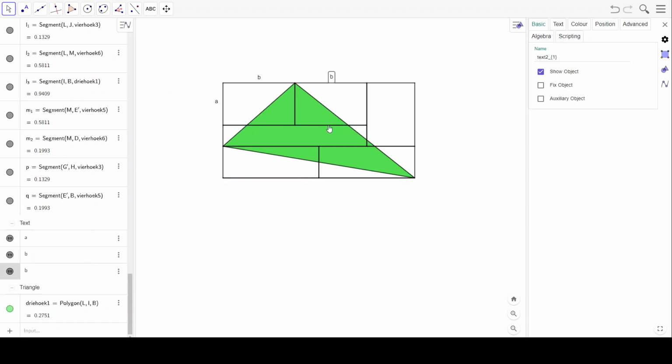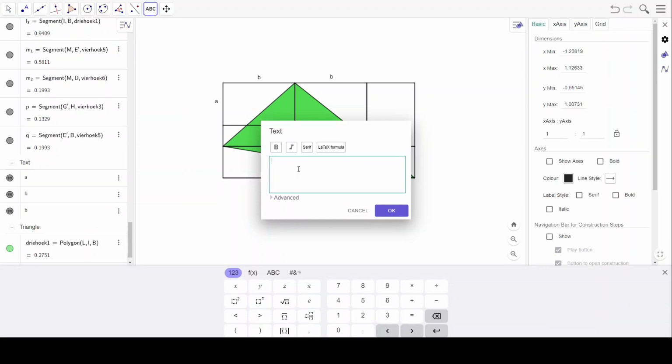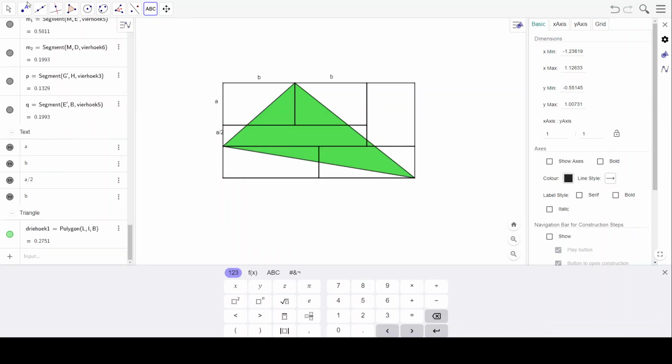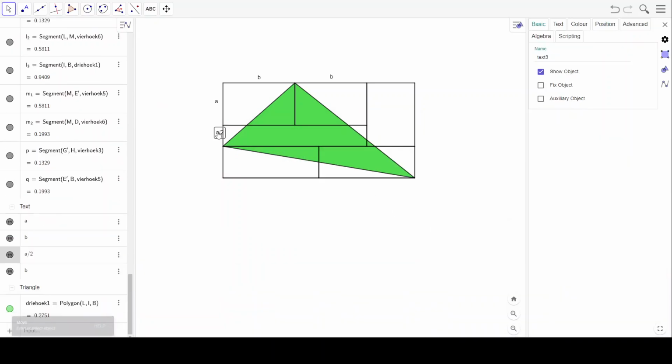But now we continue to this rectangle over here. We know it has width of 2B, and therefore it must have height A divided by 2, so that again it has the area AB. But now we know that the height of the upper right rectangle is 3A over 2.